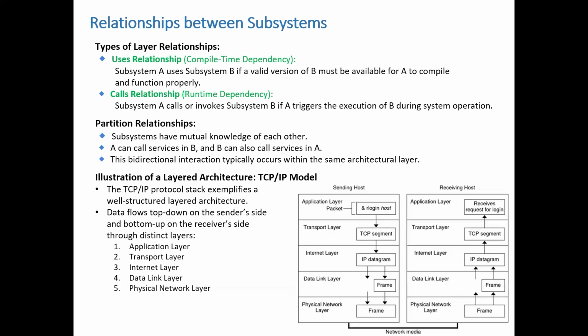On the receiver side, it's the reverse: data moves up layer by layer until it reaches the application again. Each layer adds or removes information as needed, and all layers play a clearly defined role. This layered setup not only improves modularity and separation of concerns, but it also makes debugging and extension much easier.